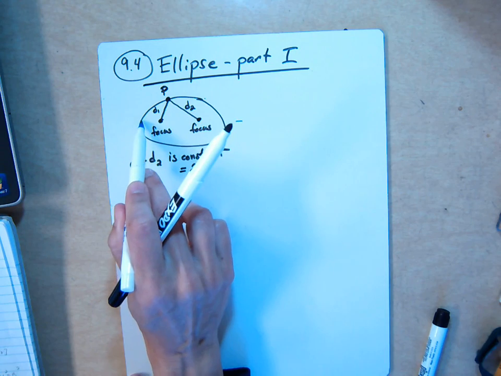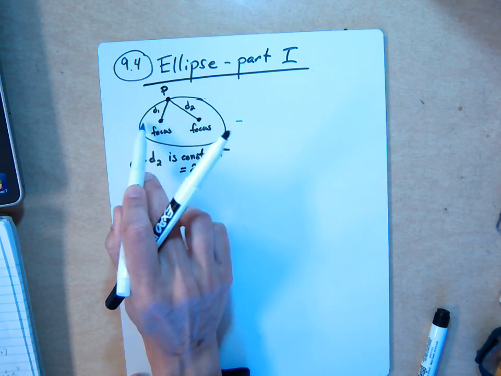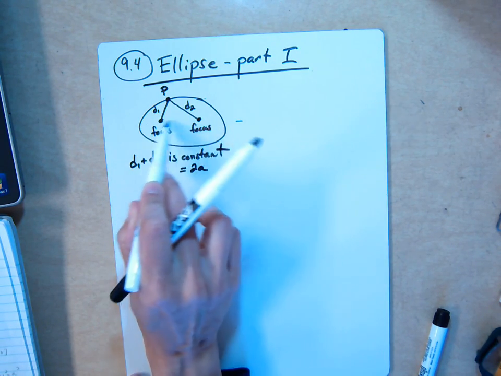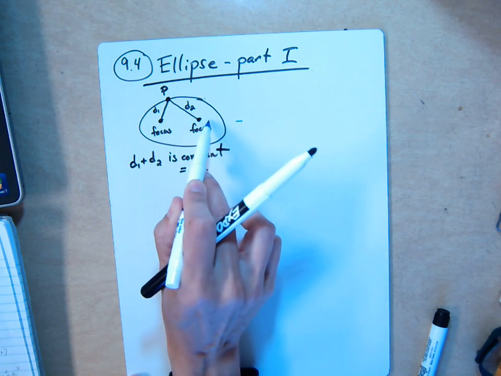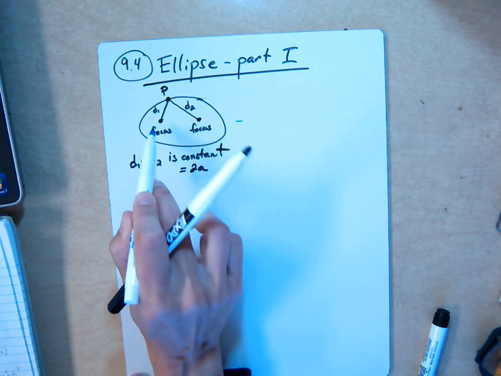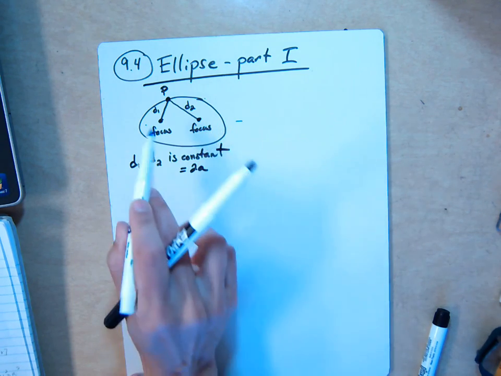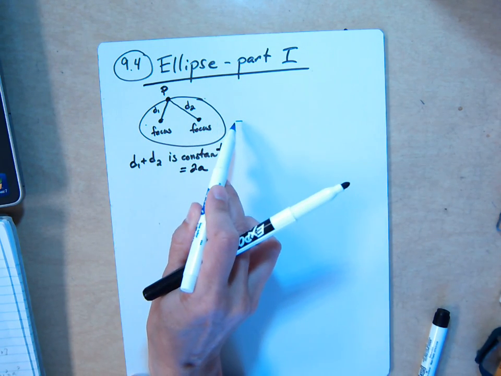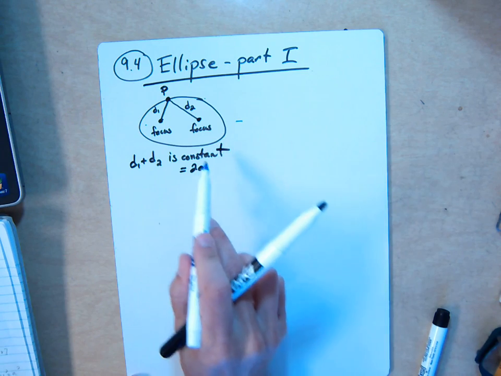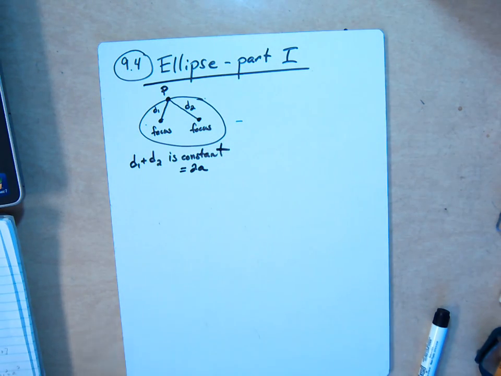If I drag it here, this would be D1, D2 would be all of this, but this little distance fits in here. It's perfectly symmetric. This little distance is the same as that, so it would add up to the distance all the way across. And that's known as 2a because of the way we define it.